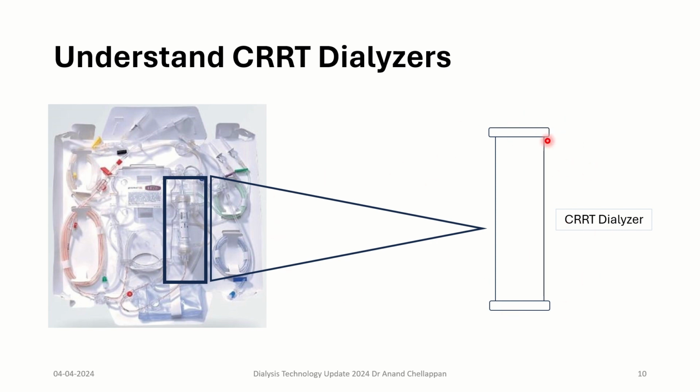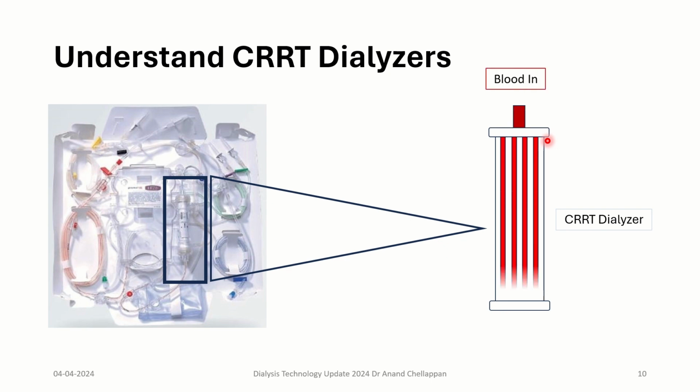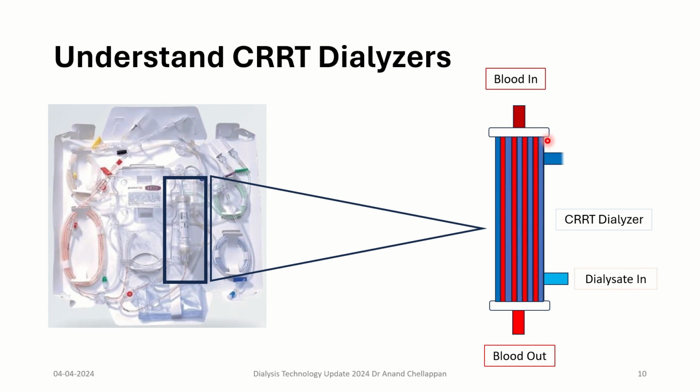This is a schematic diagram of the CRRT dialyzer. So the blood goes into the CRRT dialyzer and comes out, and the dialysate flows in the opposite direction and comes out. This is a typical movement of blood and dialysate across the filter.